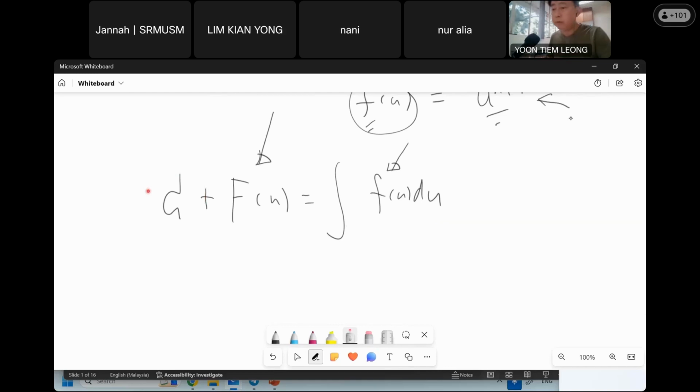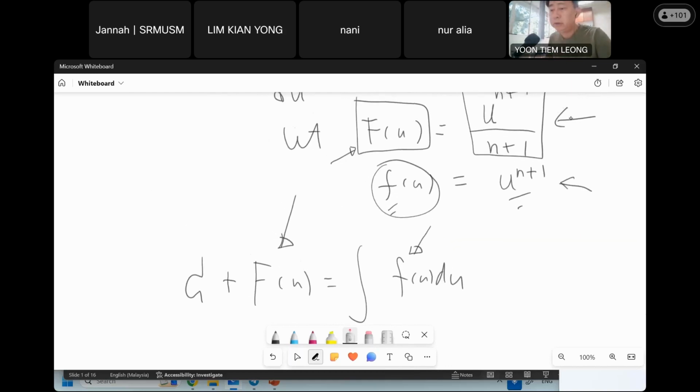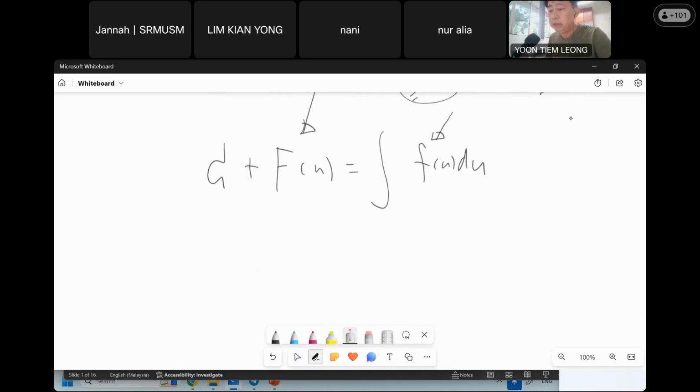So now I'm going to slot in the expressions of F of u and f of u respectively into this relationship. Then what I would have is here I have u to the n plus 1 over n plus 1, plus a constant, equals the integration of f of u. And what is f of u? f of u is just u to the power n, and then you have du.